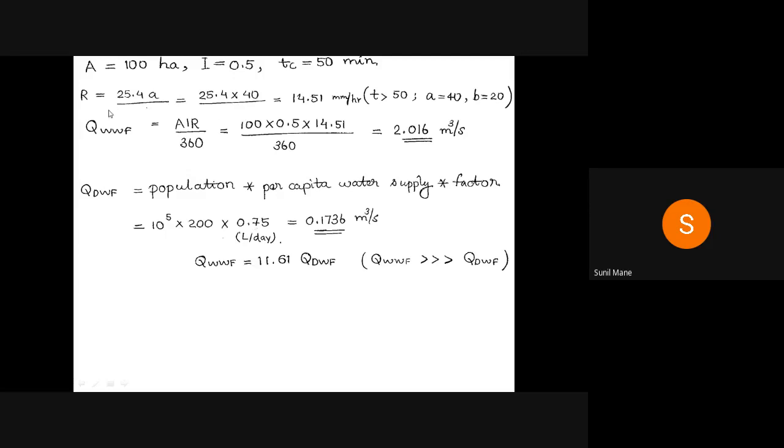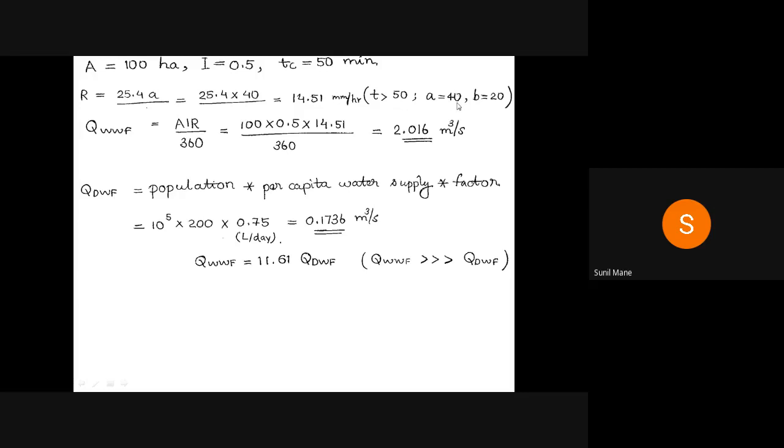First factor is R. We are going to calculate R. Now R is calculated as 25.4 into A. So that particular part we have calculated, that is 14.51. In that case, the time of concentration is more than 20.